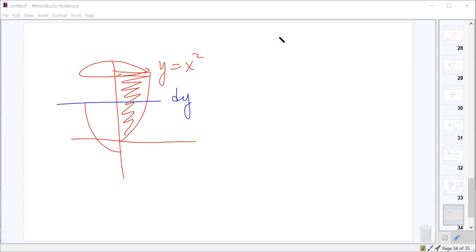So in this case, since we're going to slice horizontally, it's going to be done in terms of y, dy, and we will just need to find the radius. Well, that radius is just whatever distance x I've gone over. Radius is x, but I need the radius to be in terms of y, so we let x equal root y.